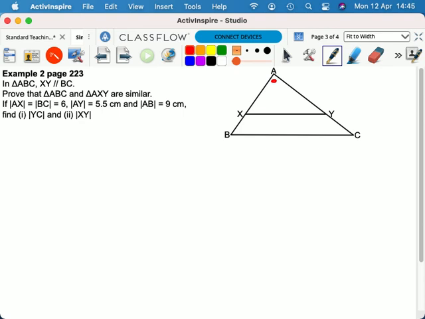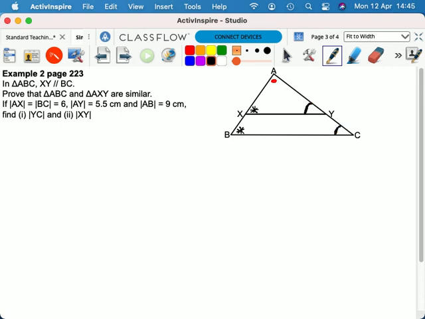In here, I'm going to put a snowflake, an asterisk, and I'm going to put an asterisk down there to indicate the corresponding angles. On the other side, I need another code. So the code I'm going to put here is going to be a single curve and a single curve.